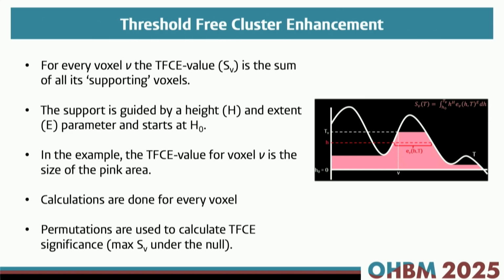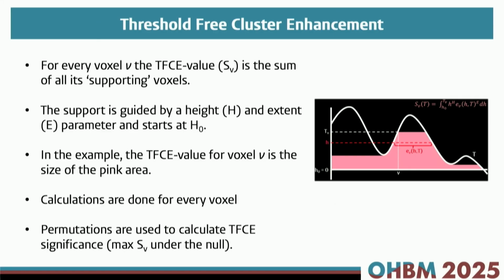And this support is driven by two parameters. We have a height parameter, so that is the height that we have. For example, in the red, we have a certain height. And at that certain height, this blob where this voxel belongs to has a certain extent. This extent gives us the amount of signal that is here to add up.